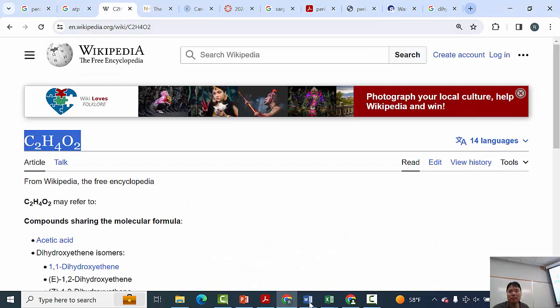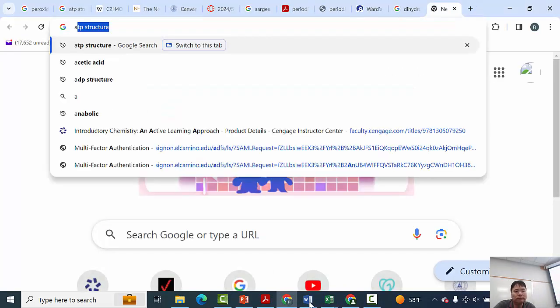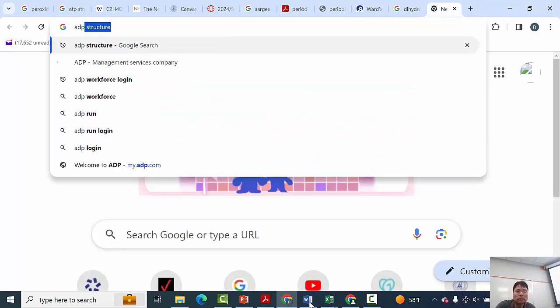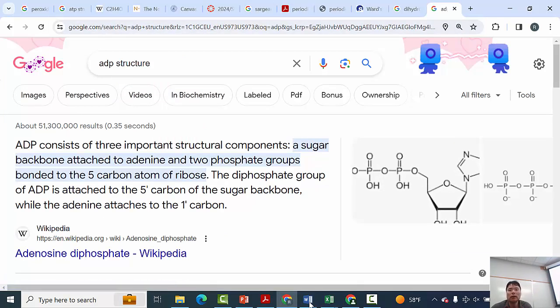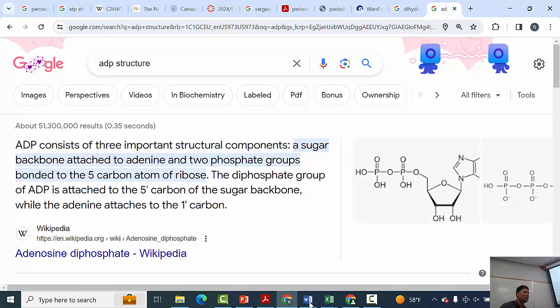If we look at ADP, which I had up here earlier, what is phosphate? Phosphate is PO4, right? But take a look at this diphosphate. Diphosphate should be 2 phosphoruses, P2, and how many oxygens? It should be 8 oxygens because each phosphate has 4. How many oxygens do I have here? 7.